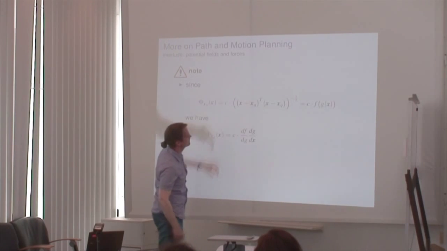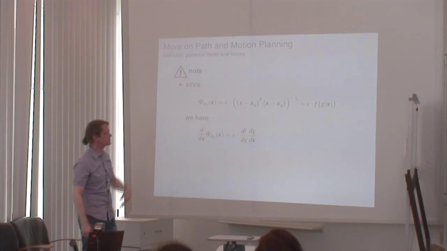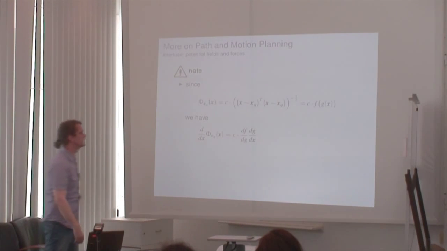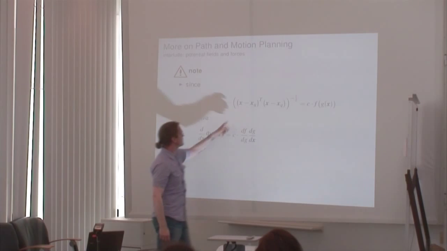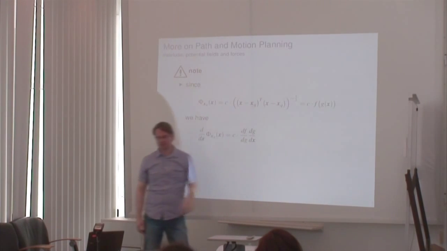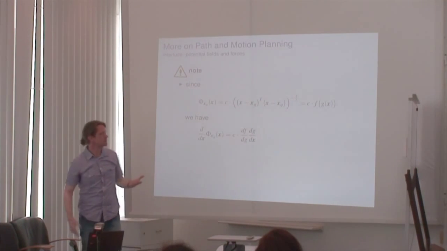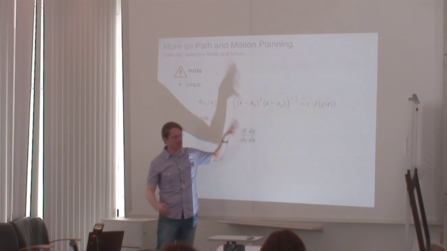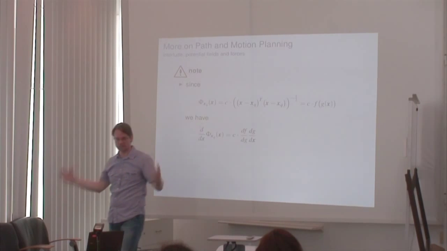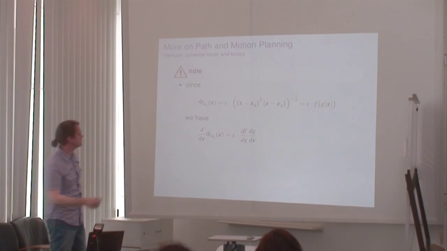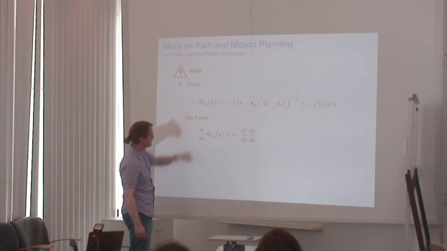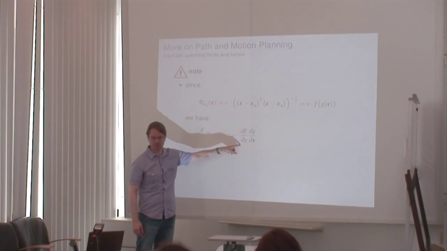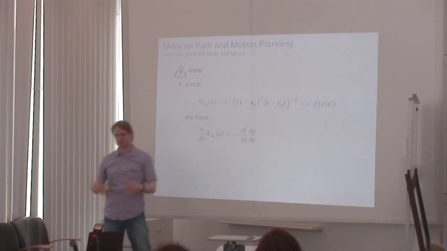This larger parenthesis raised to the power of minus 1 over 2 is a function, let's call it f, of something, this is basically the inner product here, g of x. So this capital phi is basically c times f of g of x. And therefore, if we want to compute the derivative of phi with respect to x, we basically have to derive f with respect to g, and then g with respect to x.